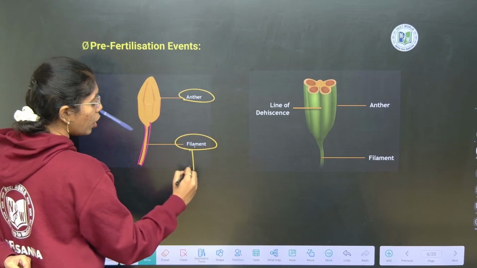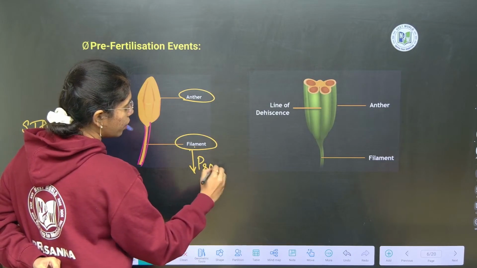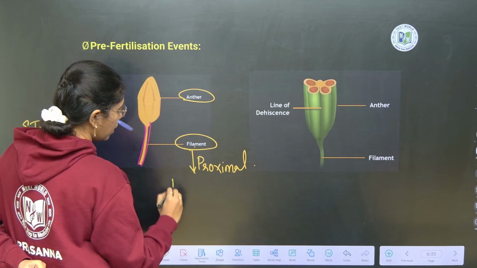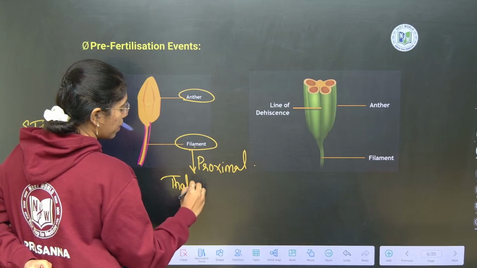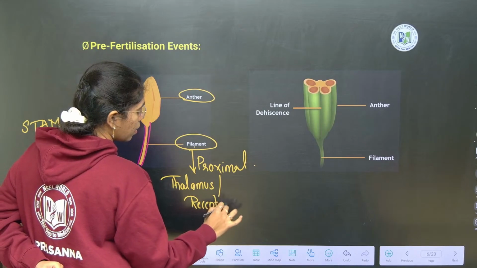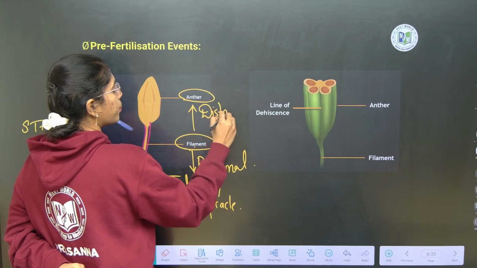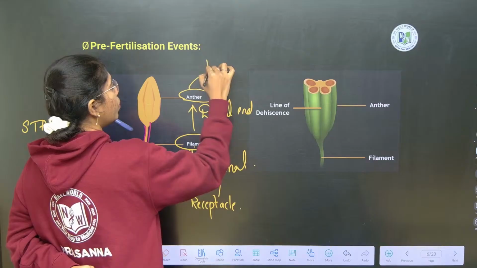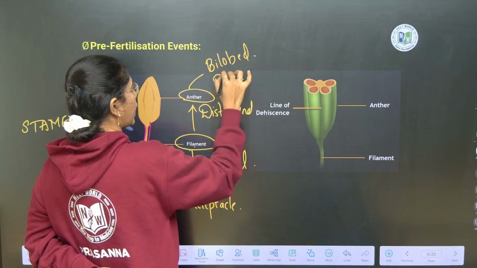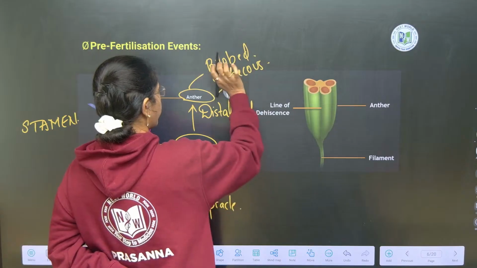The proximal end of the filament is connected to the thalamus or receptacle, and the distal end of the filament is connected to the bilobed, dithecous or tetrasporangiate anther.